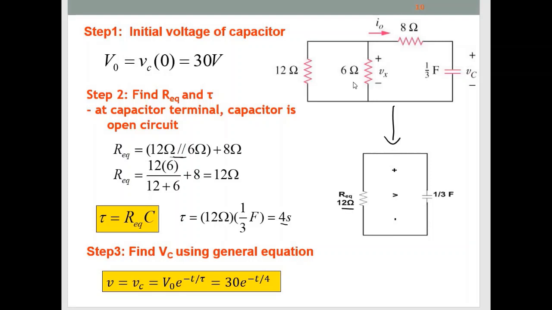Multiply the R equivalent with the value of the capacitor here, 12 multiplied by 1/3, and I will get 4 seconds for the tau. Insert back the values of V0 and tau into this main formula, and straightforwardly you can get the value of VC is equal to 30 e^(-t/4) volts.